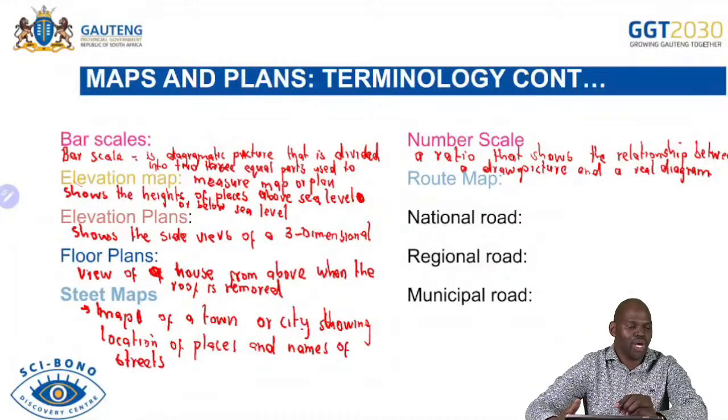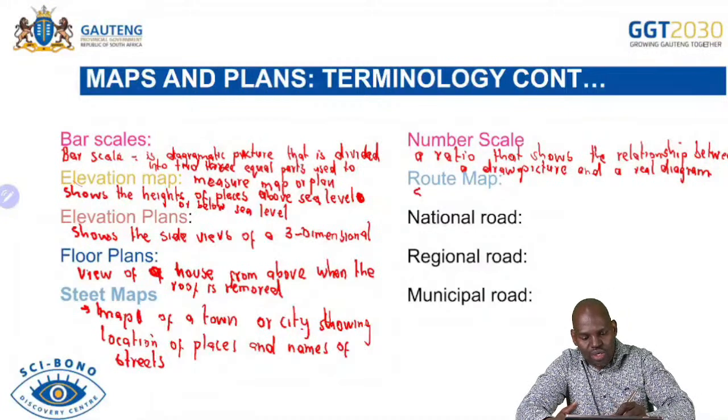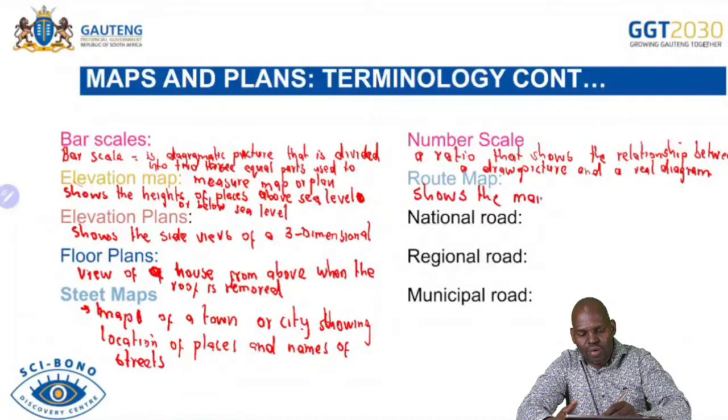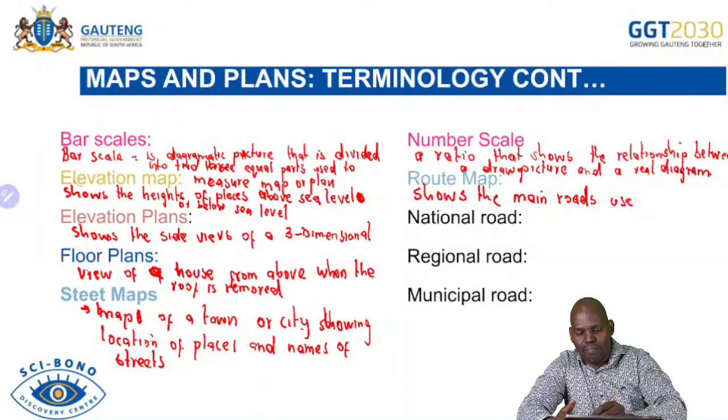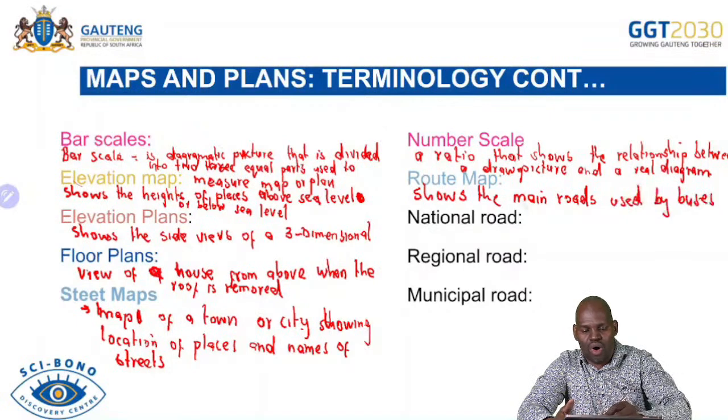Then we've got the next one, a route map. A route map shows the main roads used by, let's say, buses or trucks or cars.